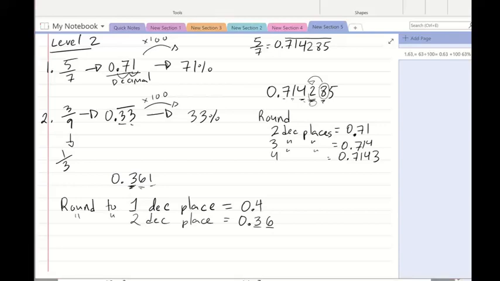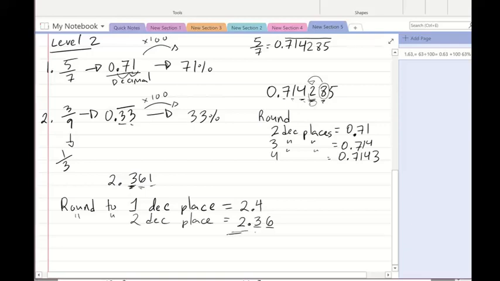Actually, before that, the same thing applies if this was a number greater than 1, right? So let's say this was 2.61, right? And I asked for one decimal place. You would leave the 2 there, right? If I asked for two decimal places, you would leave the 2 there as well, right? So when I say round to a decimal place, whatever the numbers on the left of the decimal, you leave those the way they are.